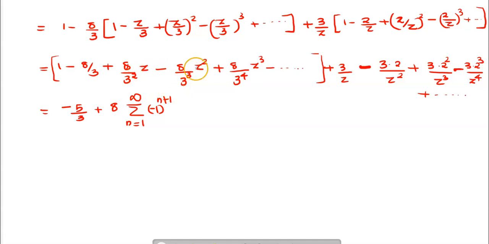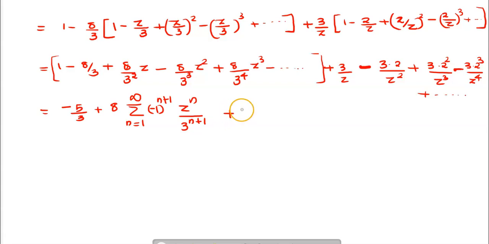And we have z power n and 3 power n plus 1. That means minus 1 power n plus 1. First term n is equal to 1. We get minus 1 square is positive. Z by 3 square. Next term minus z square by 3 cube. We take 8 as common.